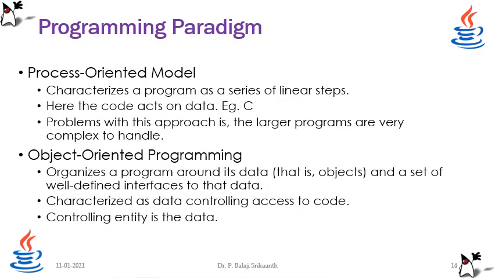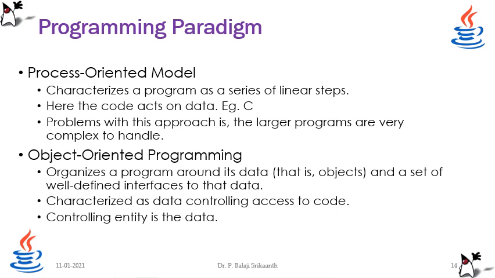Now let us take up the programming paradigm. There are two different kinds of programming paradigm, namely the process oriented model and the object oriented model. The process oriented model was the legacy model followed by programming languages such as C as well as C++.